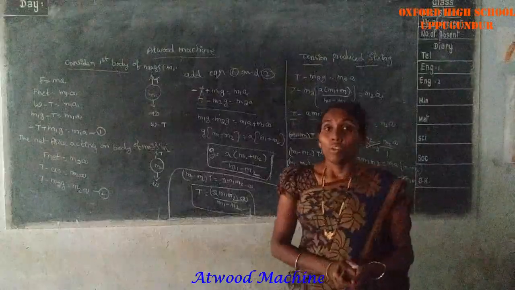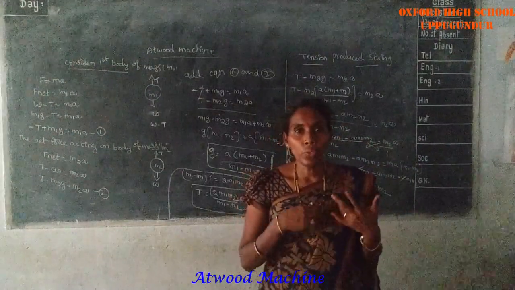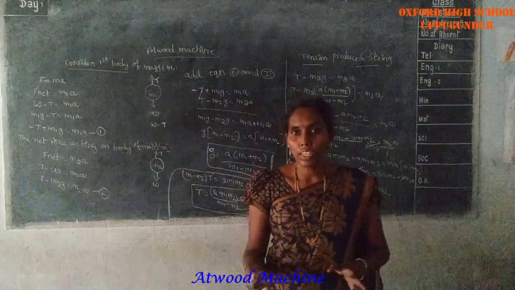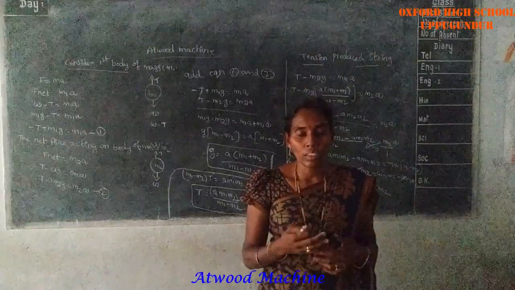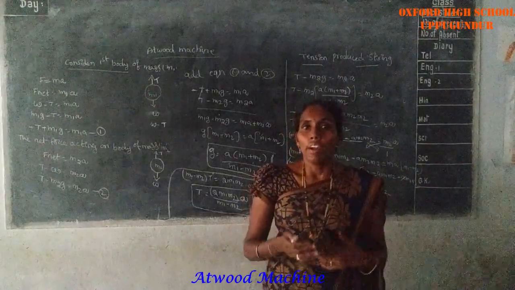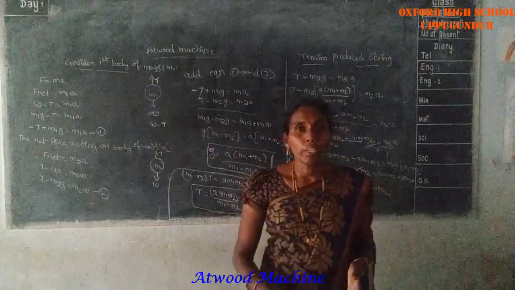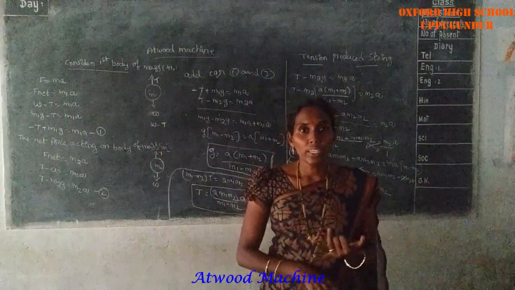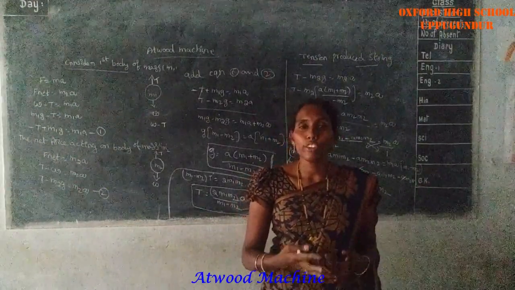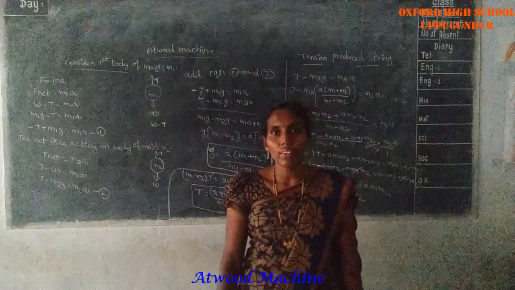In this session we have discussed how many forces are acting on a body which is at rest and on a body which is in motion. After that, the Atwood machine: by using the Atwood machine we can find the tension produced in the string and also the acceleration due to gravity.